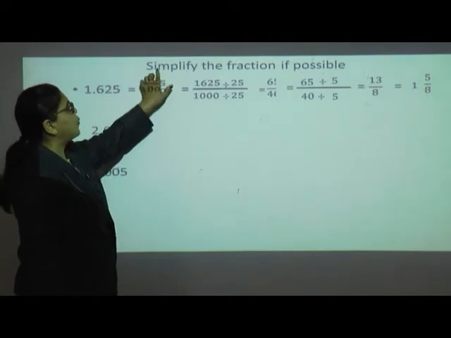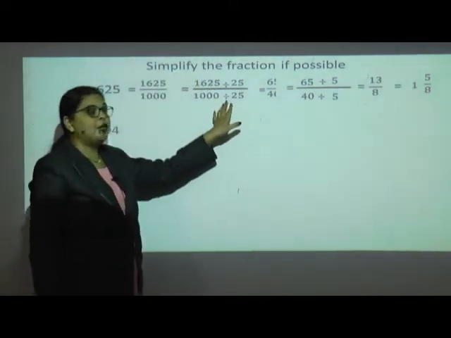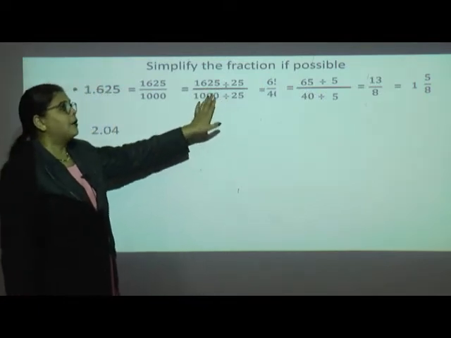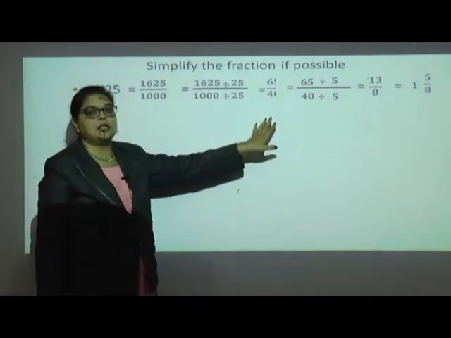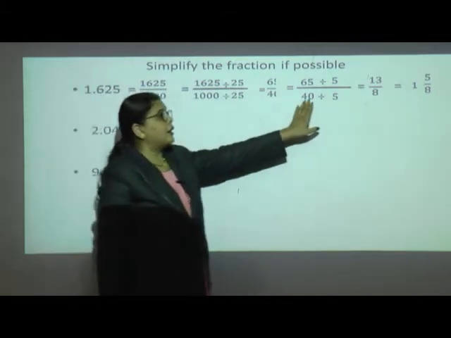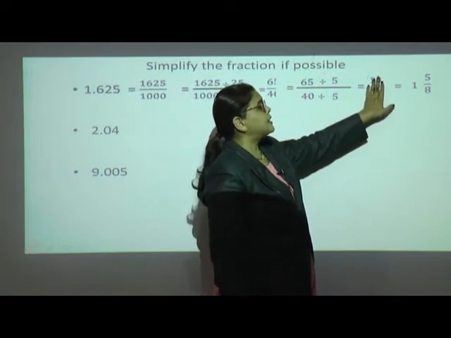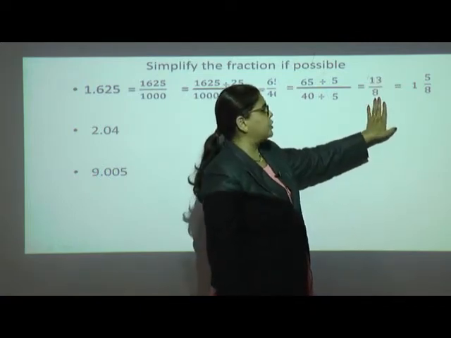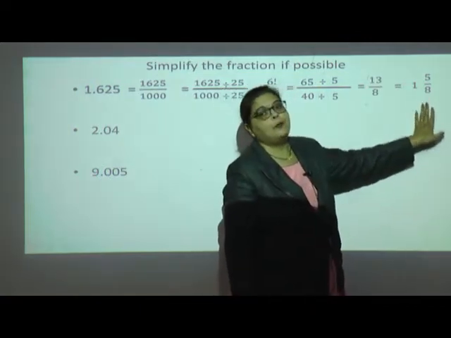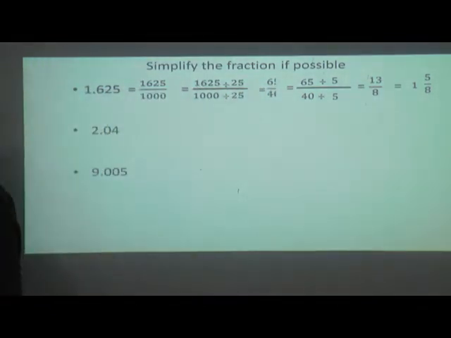Then if it is possible, we have to reduce it by division. Reduce means it is nothing but division. And then if we are getting a simplified fraction which is an improper fraction, then we have to convert into mixed fraction. We will see some examples here which are given here.